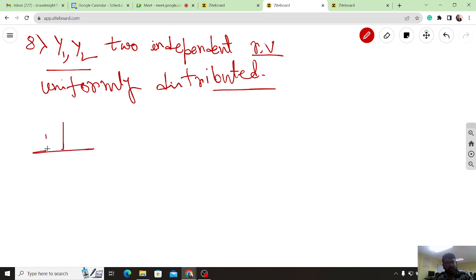So y1 is a uniform distribution and y2 is also a uniform distribution. Probability is independent, and another point is they are also identical.